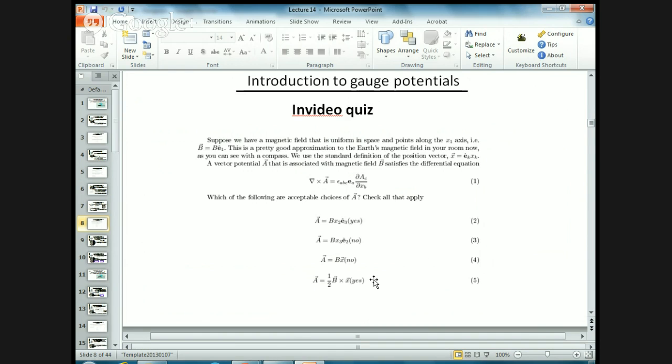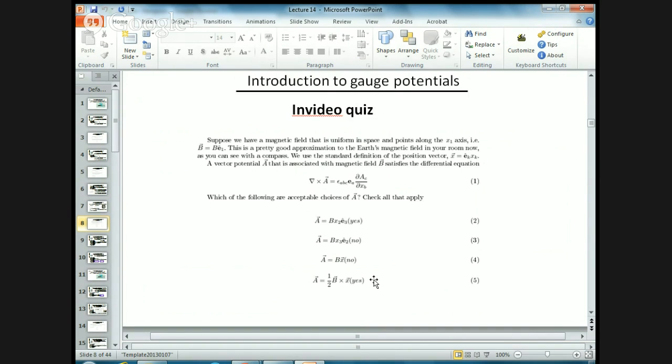Now, this is one of these in-video quizzes that invites the student to identify a vector potential that gives the magnetic field in this very room. The Earth has a magnetic field, and we can take it to be a constant. We can take it to point along what we'll call the z-axis or the north axis.